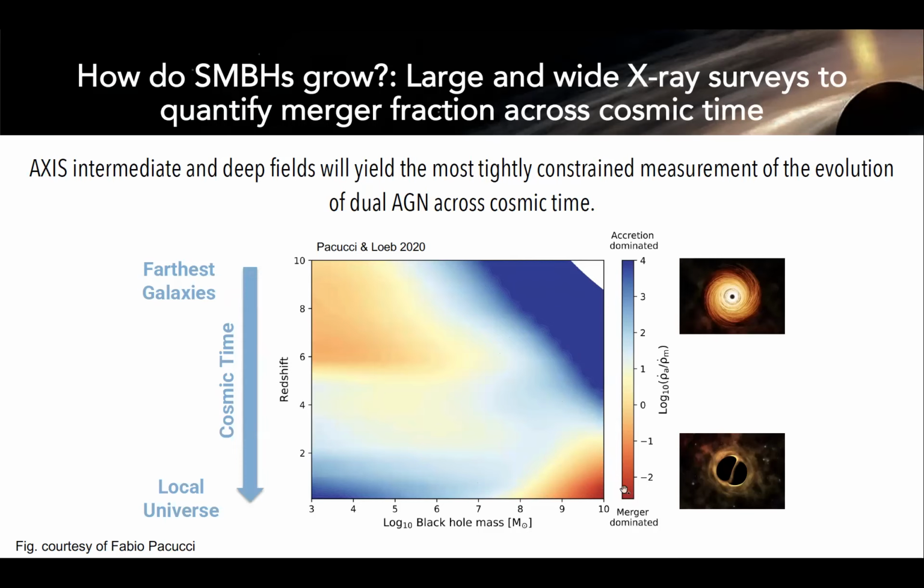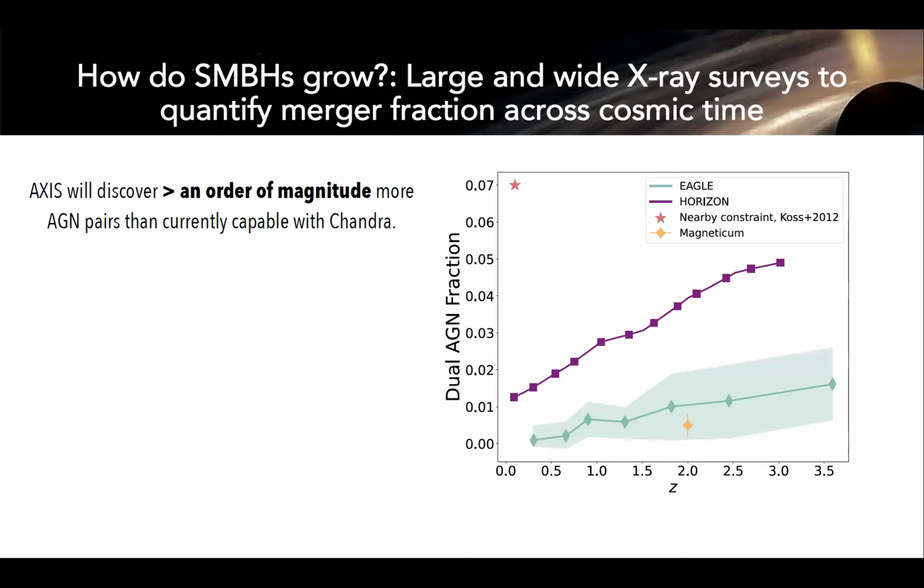And so because dual AGN tracks galaxy mergers, understanding how the rate of dual AGN evolves over cosmic time will give us a lot of insight into the different environments of the universe and how that affected the supermassive black holes that were growing then. So as of right now, there's no really well-constrained measurement of the fraction of dual AGN across redshifts, so we don't really know what to expect.